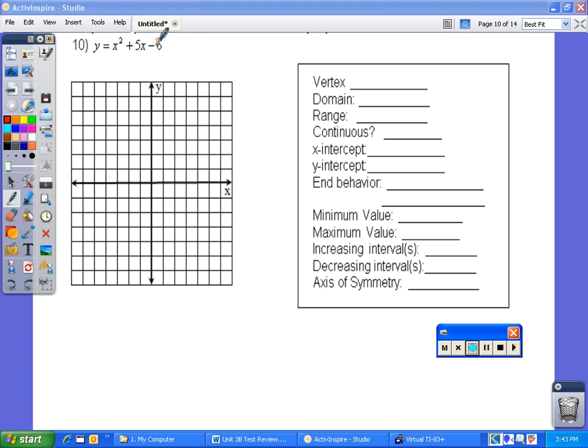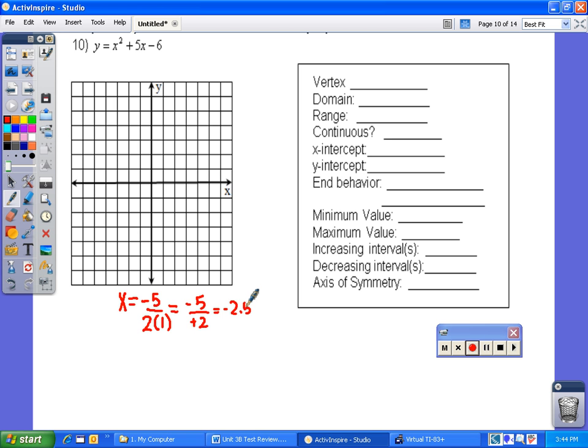Alright, so the first thing that we have here is x squared plus 5x minus 6. We need to find the vertex. The easiest thing to do to find the vertex is what we did for the last questions. You would do x equals negative b over 2a, and that gives you negative 2.5.